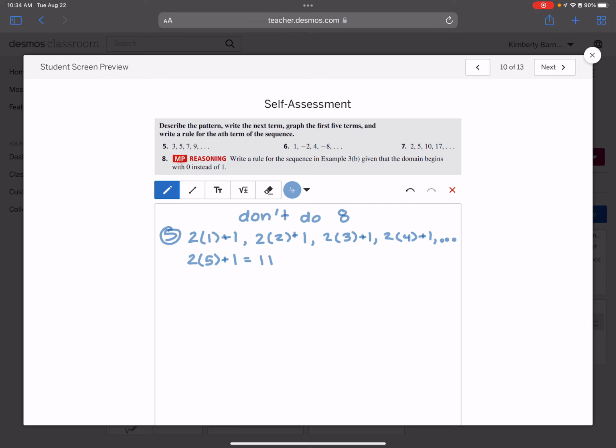To graph the first 5 terms, I'm going to make my table in a sub n. So my first term is 3, second term is 5, third term is 7, fourth term is 9, fifth term is 11. So I'm plotting these points.